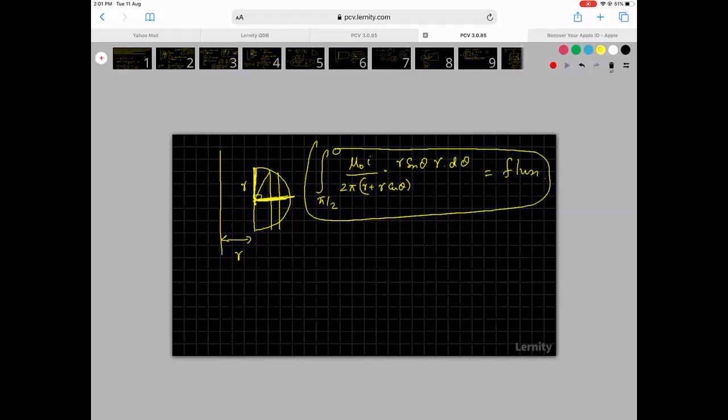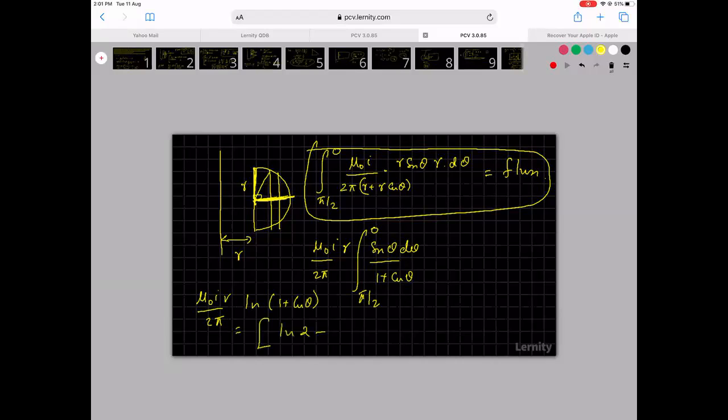Can you just check this and then get me an answer? So I will do it for you. It will be mu naught I by 2 pi r, sine theta d theta by 1 plus cos theta. We worked this out just now. Pi by 2 to 0. So it will become mu naught I r by 2 pi ln of 1 plus cos theta, which is ln 2 minus ln 1, and ln 1 is 0.